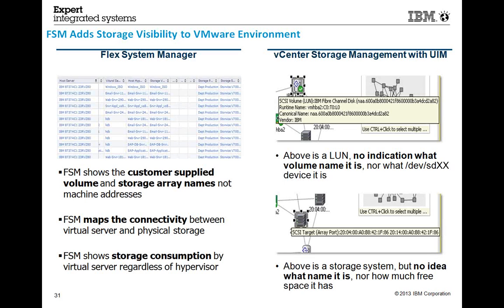So you're able to see which LUNs are allocated to which VMs, and you're able to map the connectivity between the virtual server and the physical storage. So then you're able to show the storage consumption by virtual server regardless of the hypervisor, and this is very, very important, especially when you have multi-hypervisor environments, right?